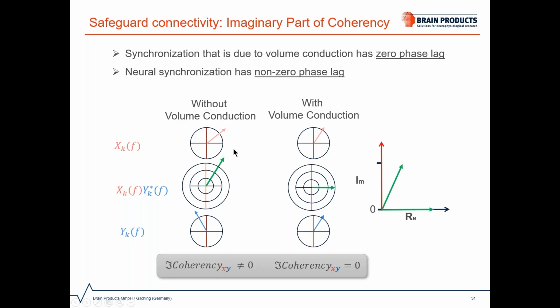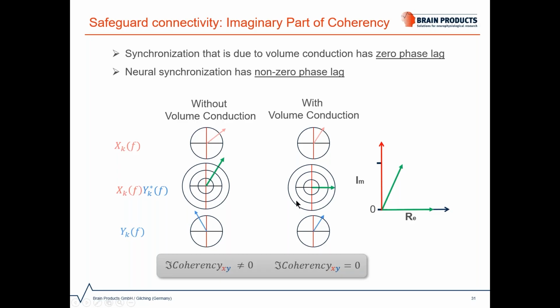If the influence of volume conduction is strong, there's no time lag between the oscillations and their phases will be identical. In this case, the difference vector has a zero phase angle. However, if the oscillations originate from independent neural sources, they will have some lag and the phase difference will not be zero.